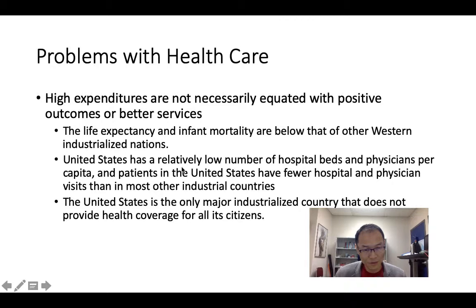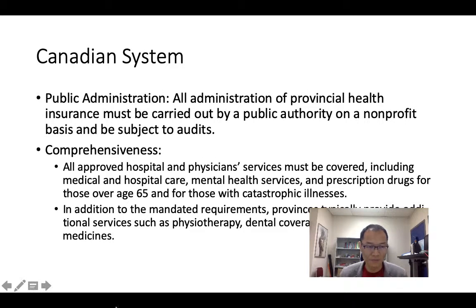The United States also has a relatively low number of hospital beds and physicians per capita, and patients in the United States have fewer hospital and physician visits than in most other industrial countries. So we're not getting better services, and the outcomes are not good. And again, we're the only industrialized country that does not provide healthcare to everybody.